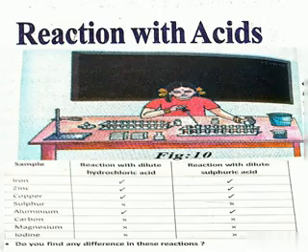Next, add 5 ml of dilute hydrochloric acid to each test tube with the help of a dropper.